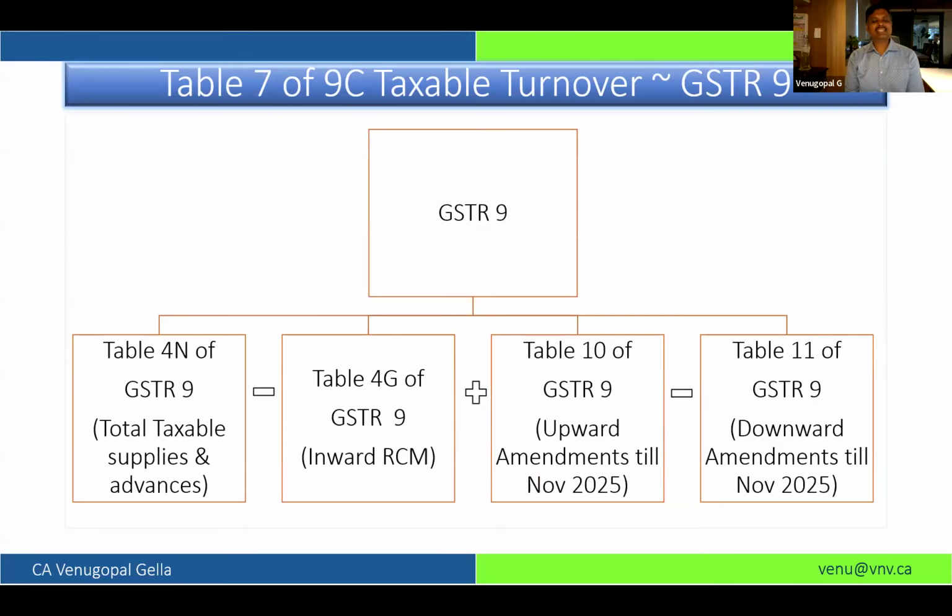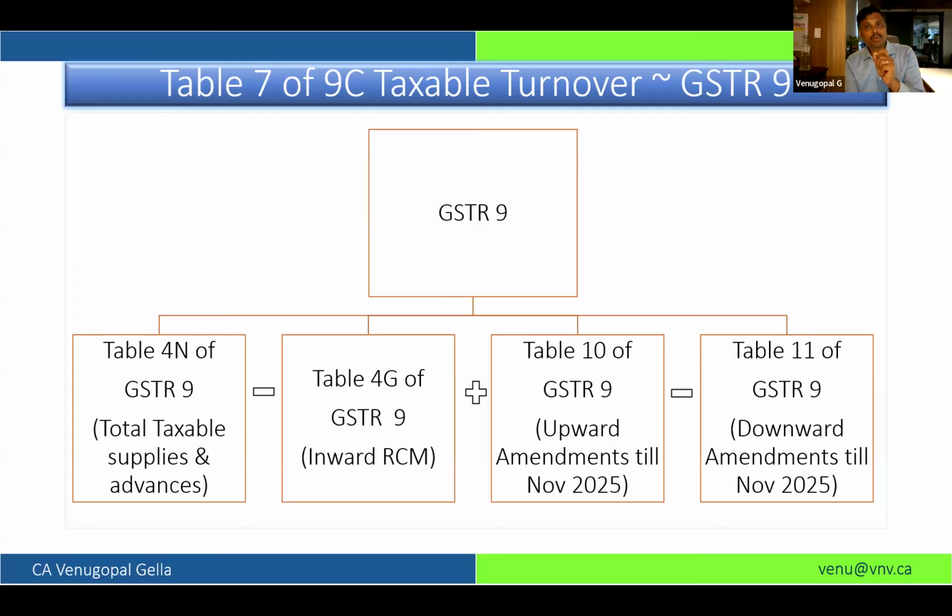And for the taxable turnover, I am now excluding table 5 and only considering table 4. So that is 4N minus 4G, 4G1 plus 10 minus 11. This indicates that in table 10 and table 11 of R9, you will only report taxable turnover.